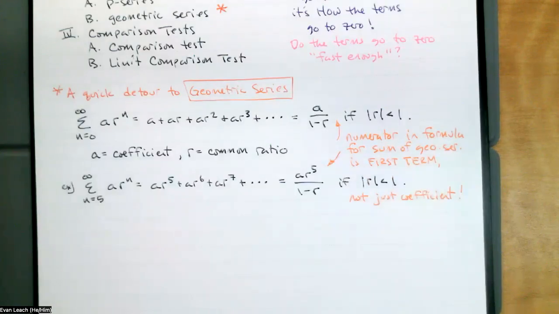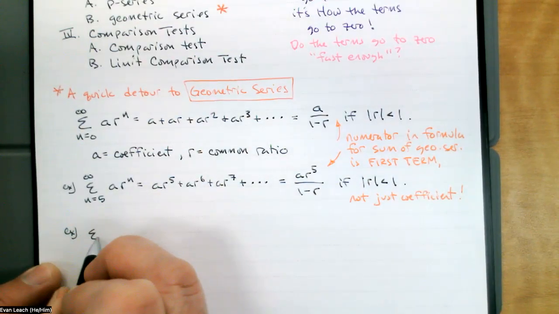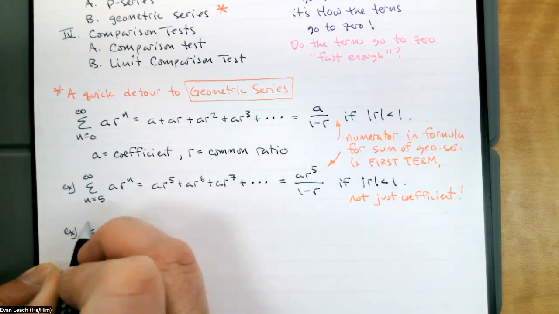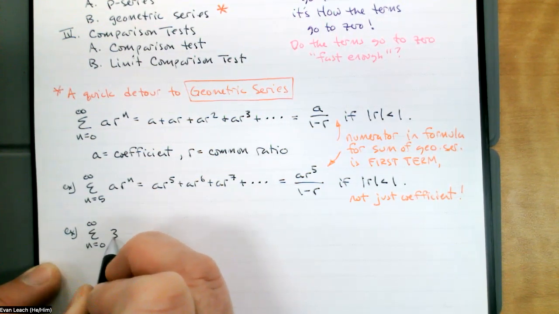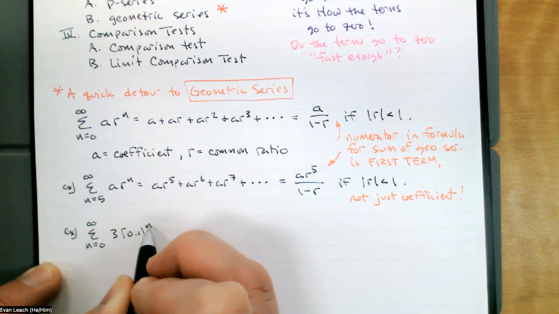So let's actually just calculate some stuff. For example, if I have the series as n goes from 0 to infinity of 3 times 0.1 to the n.